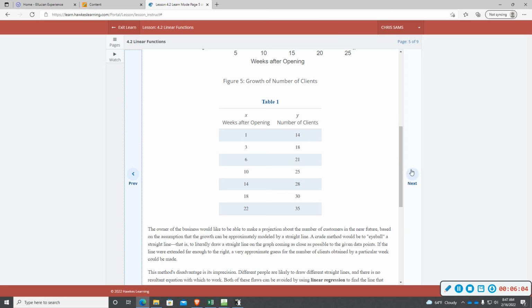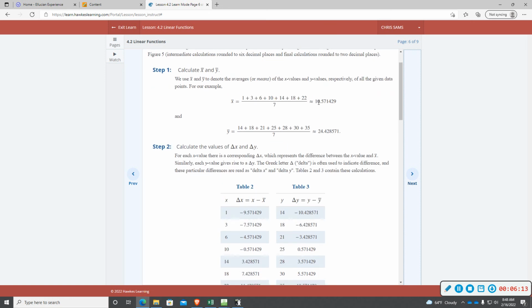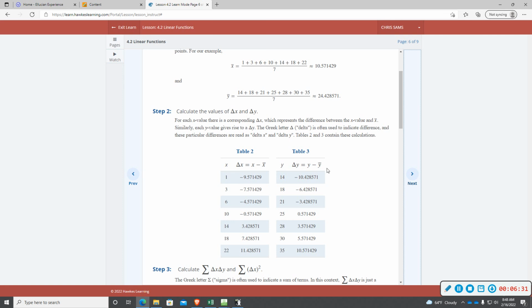What they're doing is adding them all together and getting an average for the X values and the Y values. Then they use that average and take each individual point and subtract the average from it. So 1 minus the 10 is giving them negative 9, the 3 minus the 10 is giving them negative 7, and so forth and so on. They do the same thing with Y, and you have another table of differences.